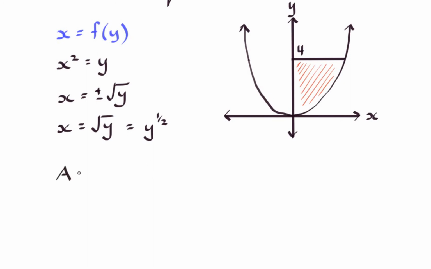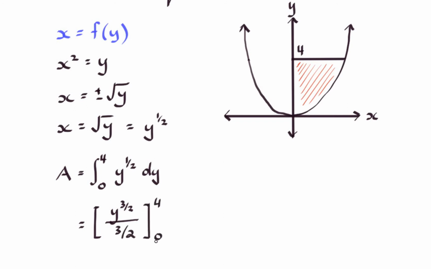So the area is given by the integral between 0 along here and 4 here of the function y to the power of a half, dy. Raising the power by 1, y to the power of a half, when we add 1, that takes us up to 3 on 2, over that power of 3 on 2.